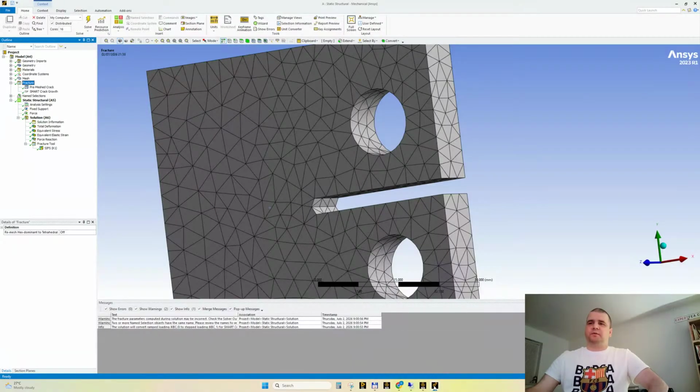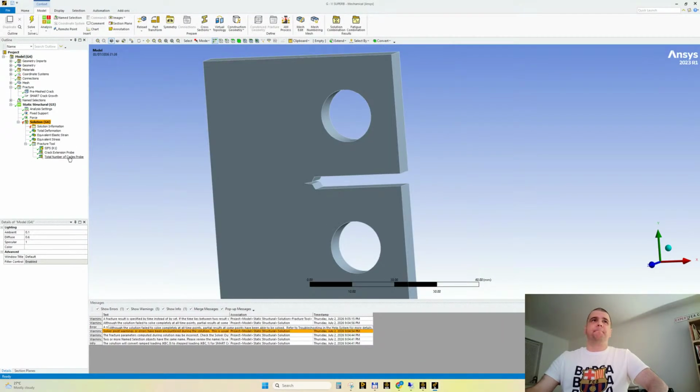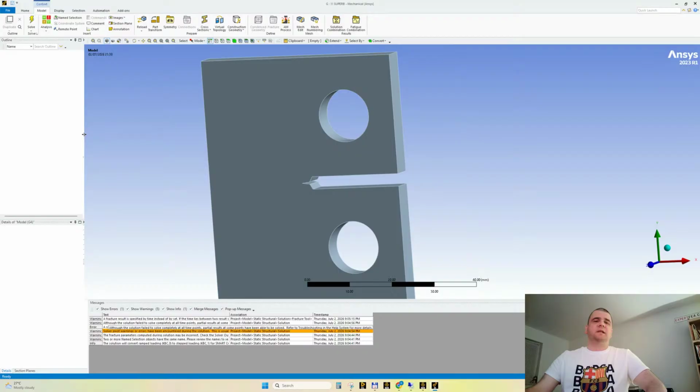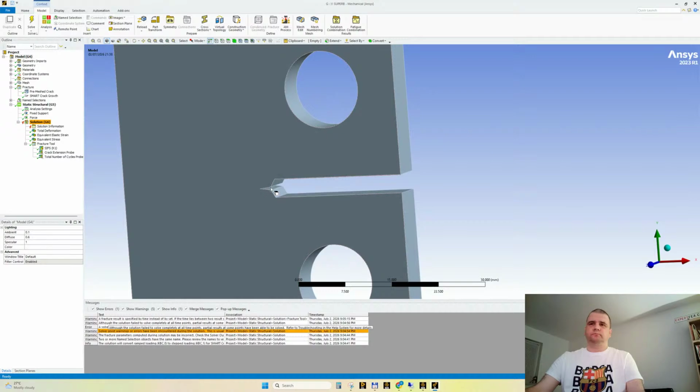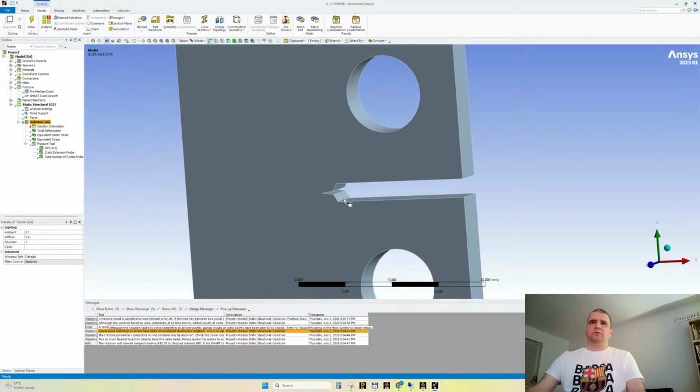So my target for today will be this. And let me tell you that these days I studied more about how to implement and how to achieve smart crack propagation in ANSYS Workbench.